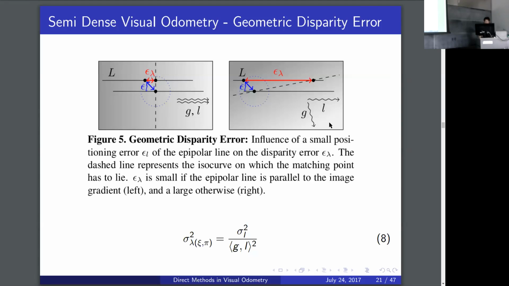So the gradient vector is not parallel with the epipolar line, and by having a different gradient vector as opposed to the epipolar line, we introduce a large disparity error. So that's one form of geometric disparity error, caused by the gradient vector being different from the epipolar line.